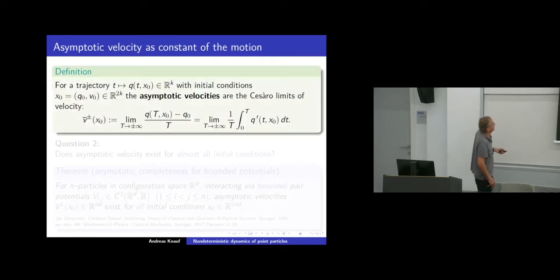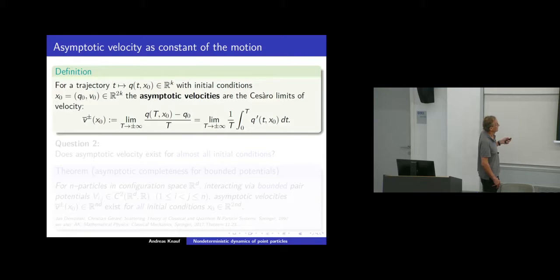Okay, so there was another quantity I want to talk about, not only singularities, but also the asymptotic velocity. So what is this? You can define this rather generally.